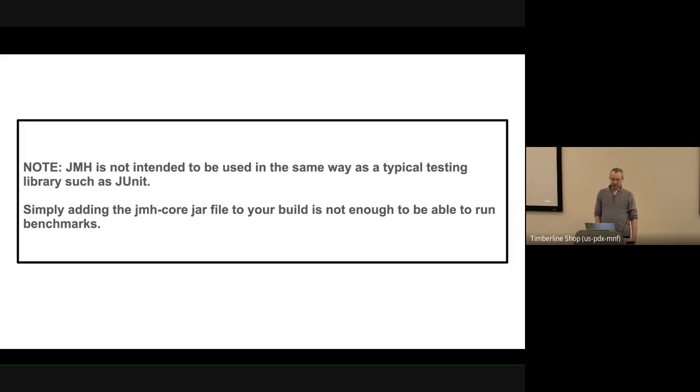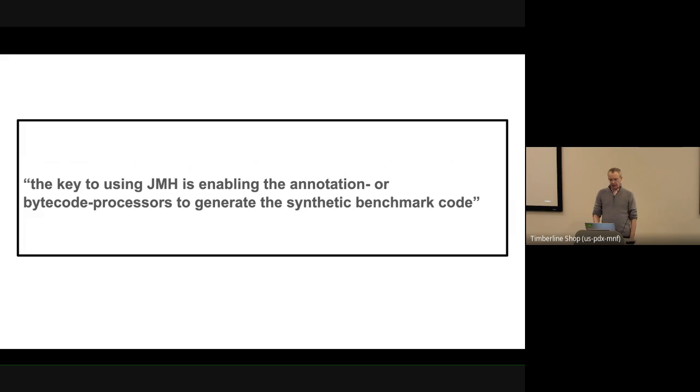JMH is a little different in that if you have a suite of benchmarks, you're not really supposed to run it inside the IDE. You basically have to package a special jar called a JMH jar, and then run that from the command line with some inputs. But JMH is pretty easy to set up.